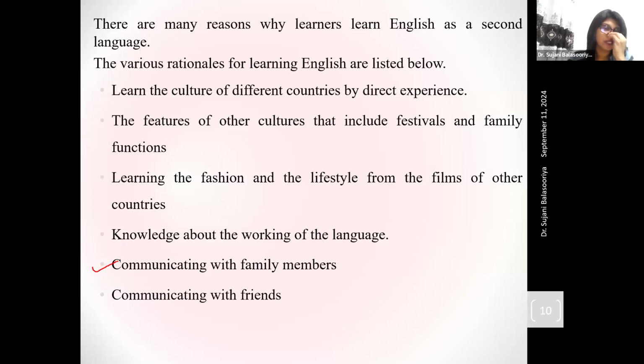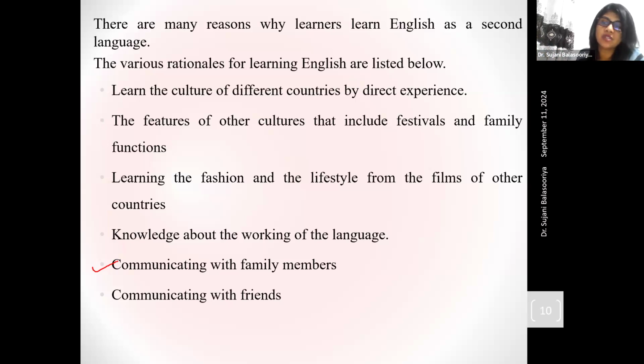And in certain situations, of course, you might have to know the English language in order to communicate with your family members. If some of your family members are not with you, if they have migrated to another country where the native language is English, and you still want to communicate with them, then you have to learn English. Otherwise, you can't. Because after migrating, probably their first language has become English. They may feel much more comfortable with English than their native language.